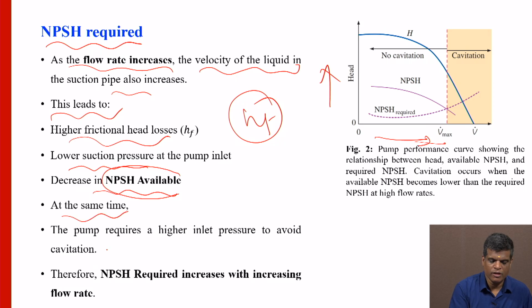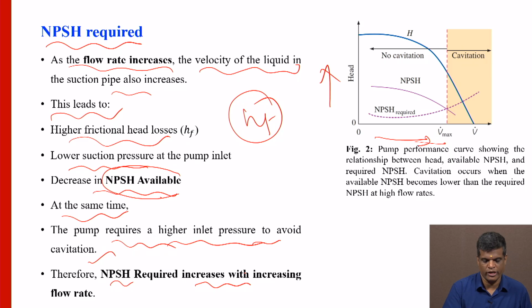At the same time, the pump requires a higher inlet pressure to avoid cavitation. Because if it decreases, the pump definitely needs a higher inlet pressure to avoid cavitation. Therefore, the NPSH required increases with increasing flow rate.